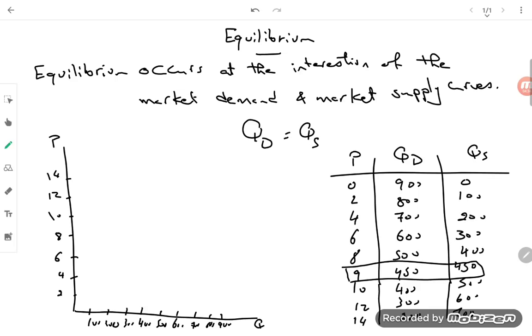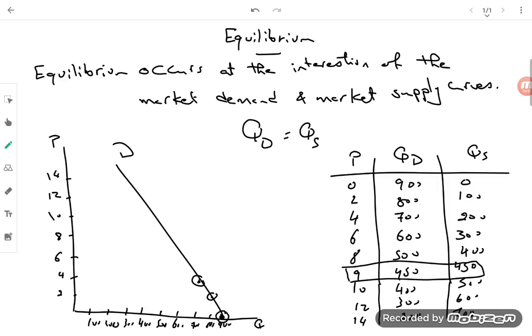At price 0, quantity demanded is 900, at 2, 800, at 4, 700, and so on. So this is the demand curve. It's negatively sloped, as we said before, that there is a negative relationship between price and the quantity demanded.